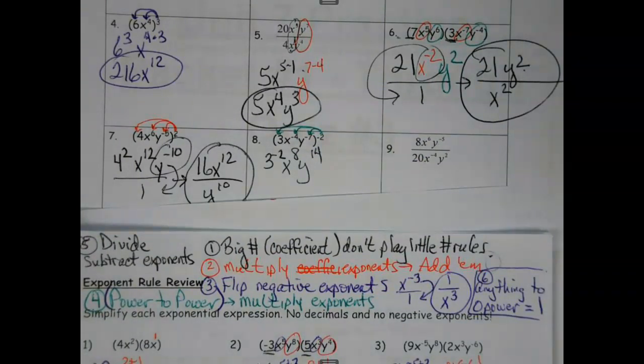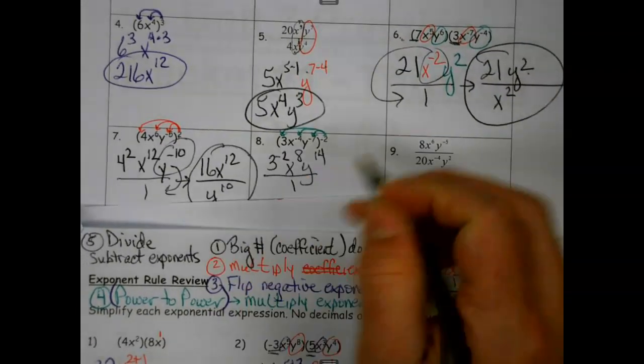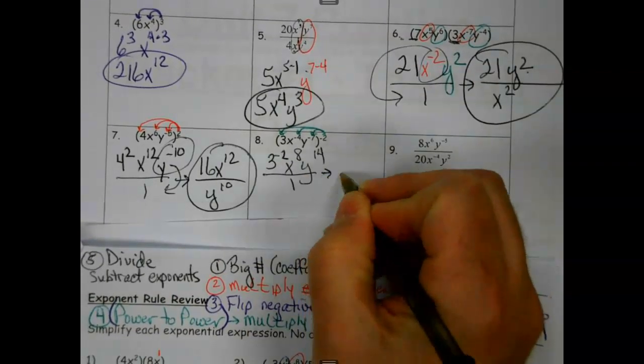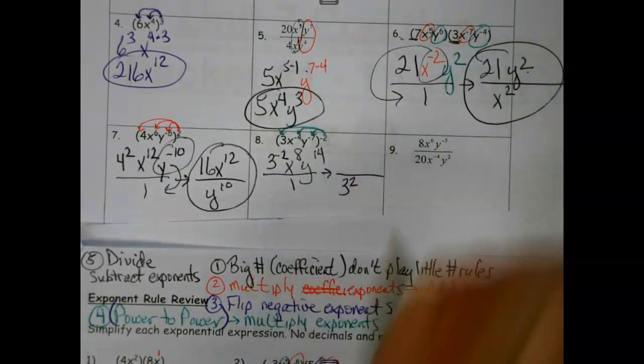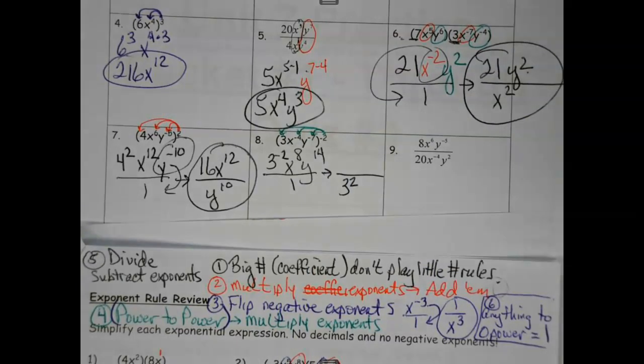Those are positive now. So, there's a couple of ways I can deal with this 3 to the negative second. I could flip it down to the denominator. You're like, wait a minute. I thought big numbers didn't play by little number rules. They don't, but that's still an exponent. The exponent's still got to play by our rules.